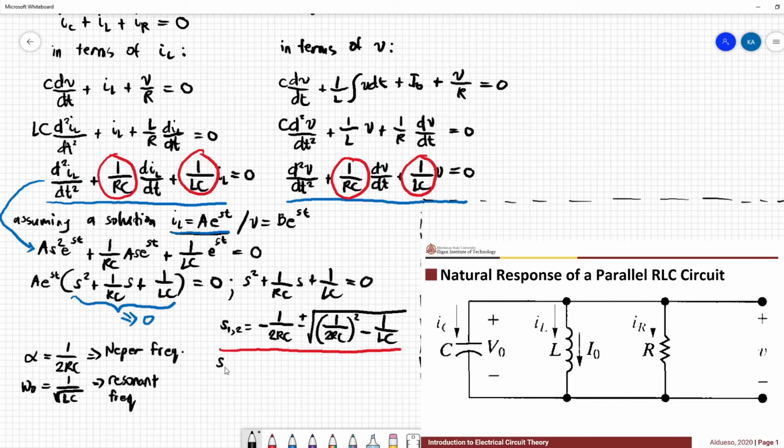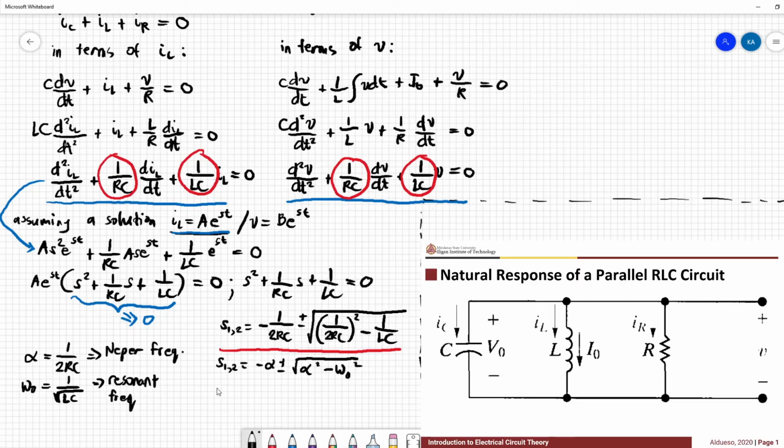So now our S becomes negative alpha plus or minus the square root of alpha squared minus omega naught squared.